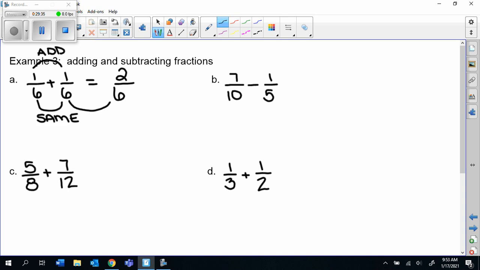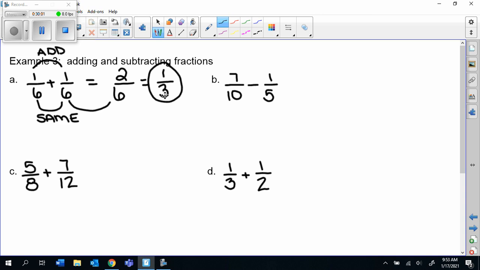So that continues. If we have 1/6 plus 1/6, we have 2/6. So we're adding the numerators, the denominator does not change. Now, we do need to check whether we can reduce that. 2 goes into itself once, 2 divides into 6 3 times. So our final answer here, it's always expected that you reduce your fractions.